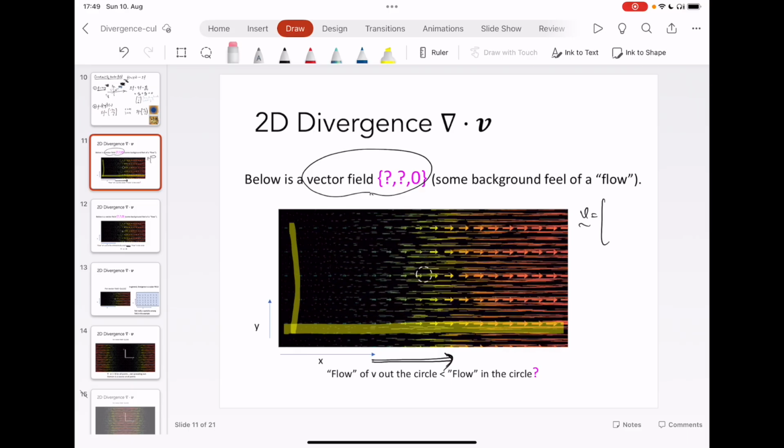For simplicity, let's say I'll guess this is x. As we go in x, the strength of the flow field in x increases. In the y direction, there is no flow field, so I'm going to put it 0. In the z direction, there is no flow field, so I'm going to put it 0. So I would guess that this vector field is x ex.